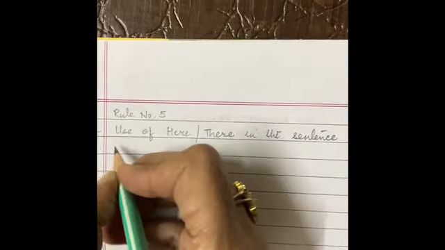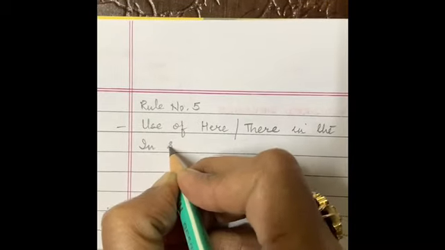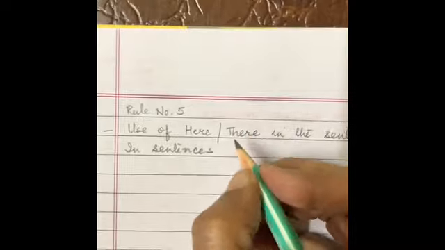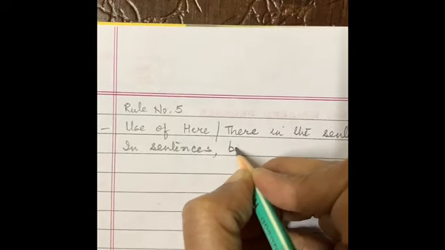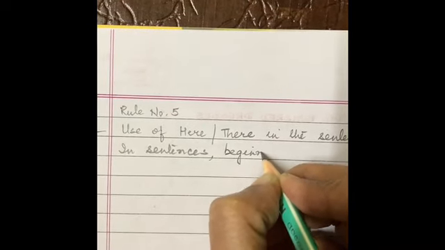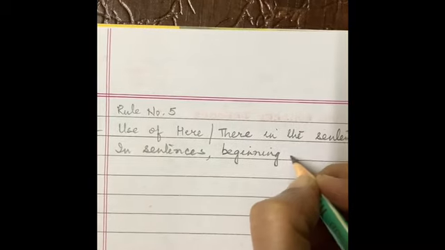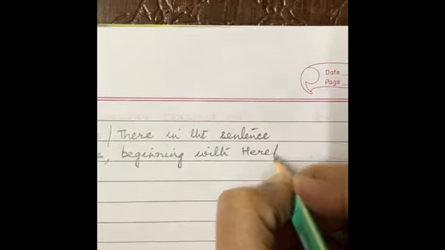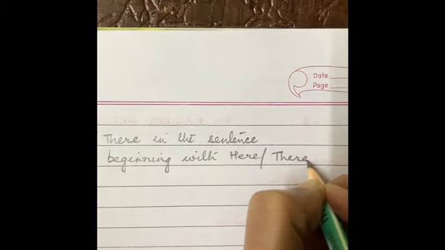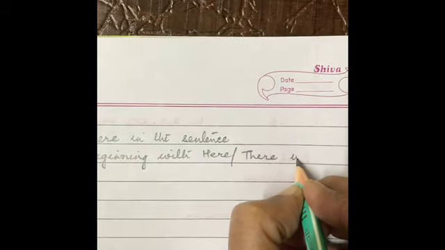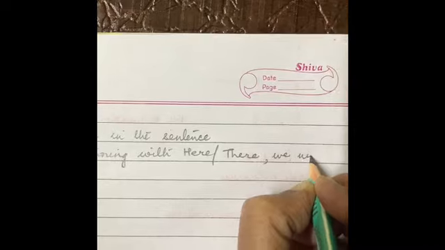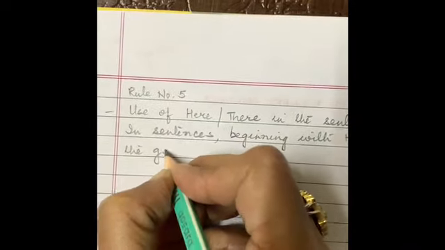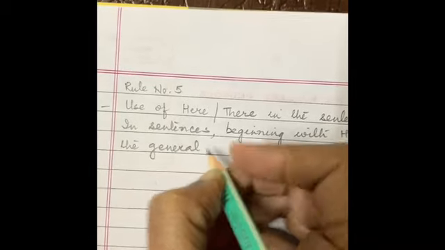In sentences beginning with here or there, we use the general rule.